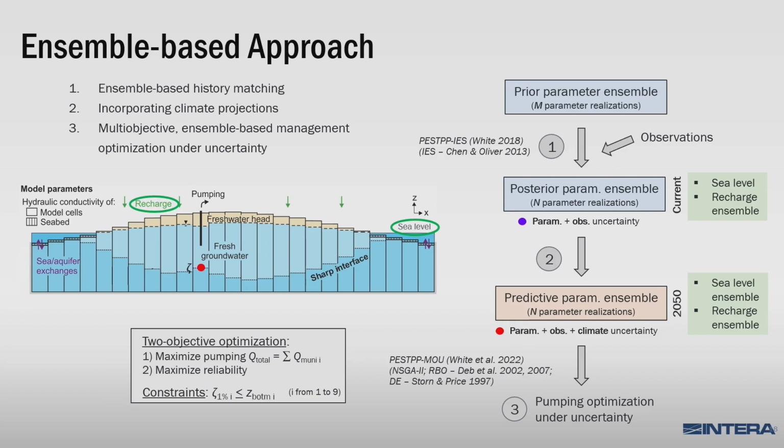So this time we converted the optimization problem into a two-objective optimization, where the first objective was to maximize pumping and the second objective was to maximize reliability. And we solved while always avoiding well salinization. And here we solved this using PEST++ MOU with the reliability-based option that's in there.